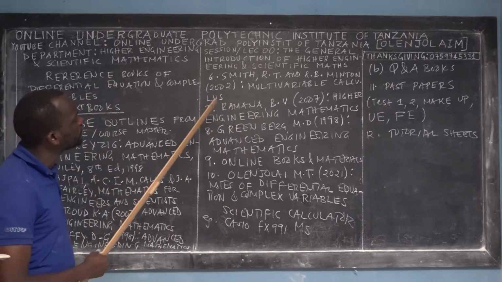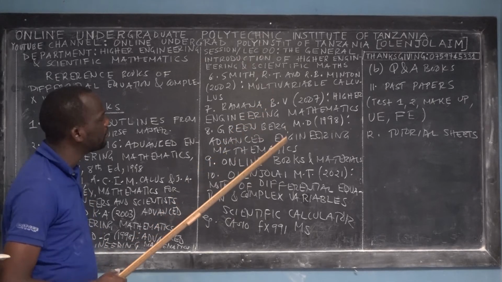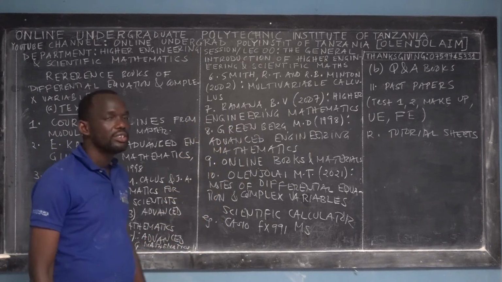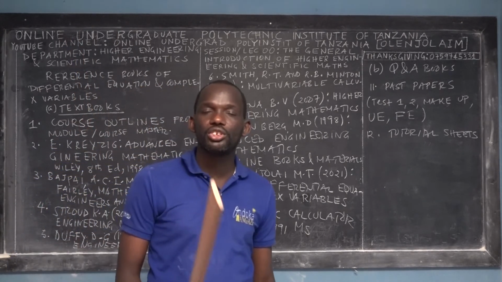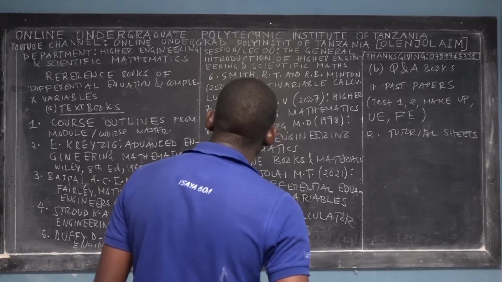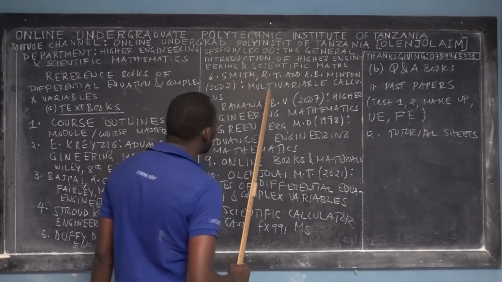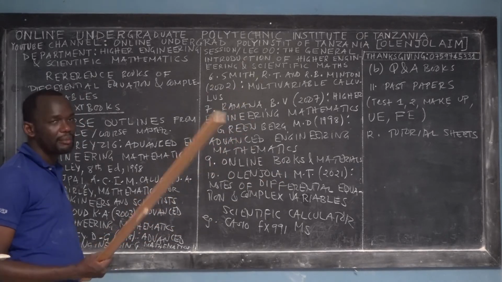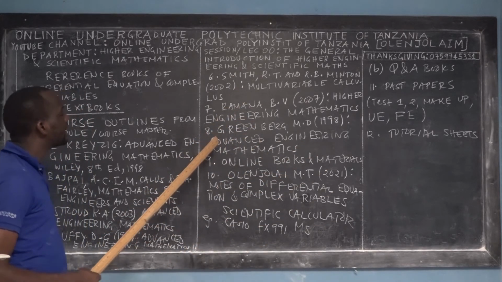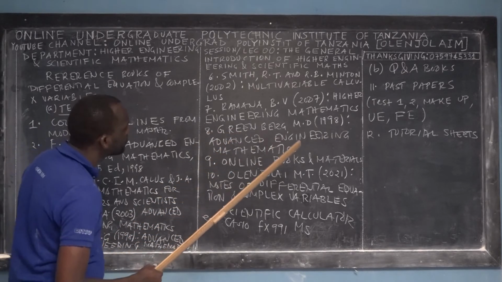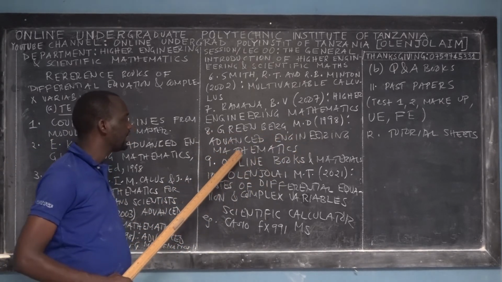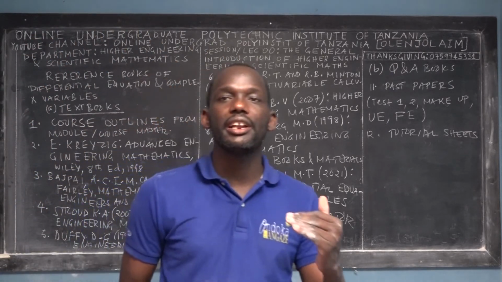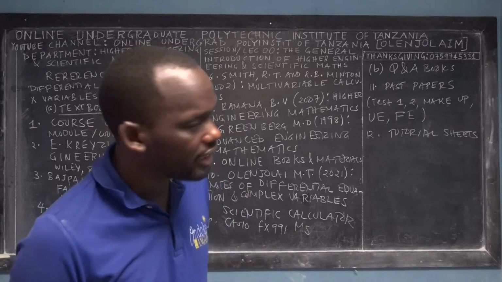You can also use Smith R.T. and R.B. Minton, the authors, published in 2003, called Multivariable Calculus, because differential equations is part of multivariable calculus. Also, you can use a reference book authored by Ramana B.V. of 2007, Higher Engineering Mathematics. You may also use another book authored by Greenberg M.D., 1998, called Advanced Engineering Mathematics. That's the name of the book.